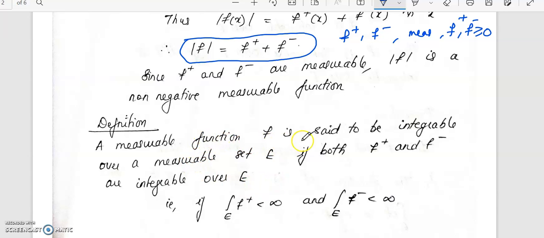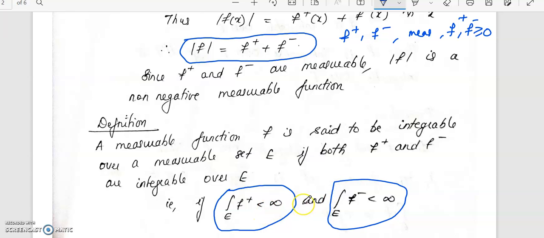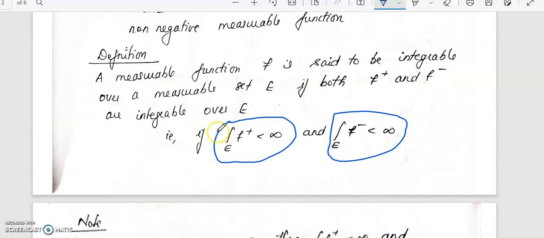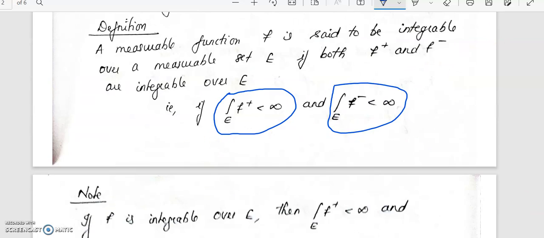So a measurable function f is said to be integrable over a set E if both f plus and f minus are integrable over E. So f plus, f minus are non-negative measurable functions, so they will be integrable if these integrals are finite. So integral over E f plus must be finite and integral over E f minus must be finite. So that is a condition for a measurable function to be integrable.